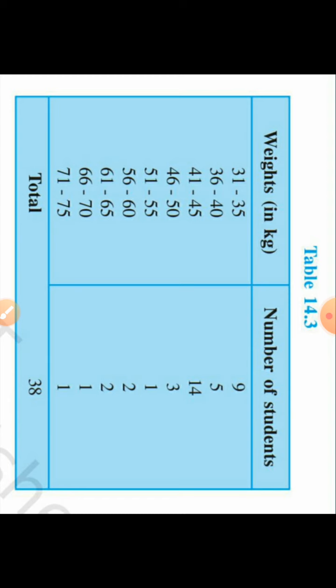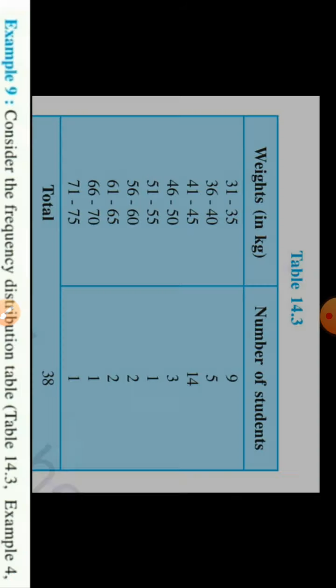So if you make a question like the selected student having weight 30 kilogram, then that event has probability obviously 0, because no student is there. And if you say a student having weight more than 30 kilogram, then obviously all students will come as favorable. So the answer will be 38 upon 38.